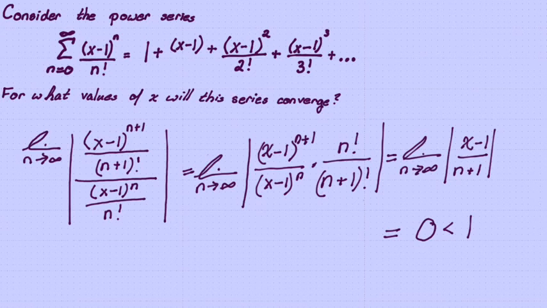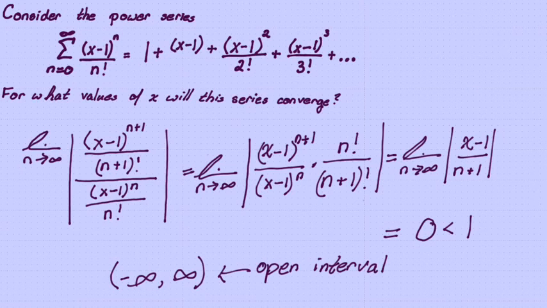So this is going to converge everywhere, for all real numbers for which 0 is less than 1. So are there any values of x that make the statement 0 is less than 1 false? Well, that statement doesn't even involve an x, so it's probably true all the time. So it's going to converge on negative infinity to infinity. We sometimes call this the open interval of convergence.